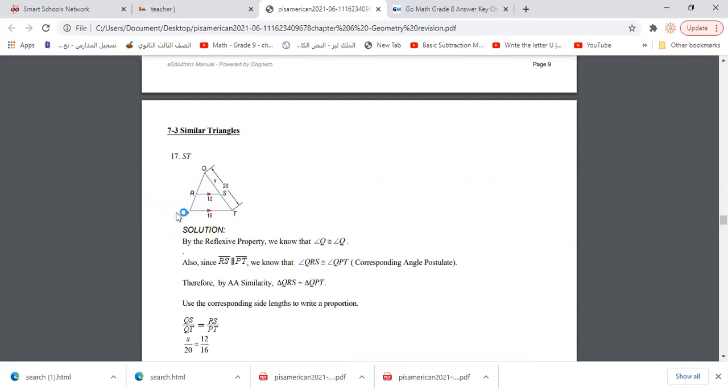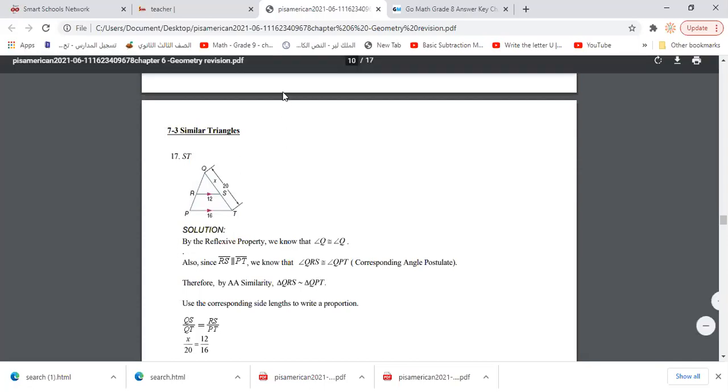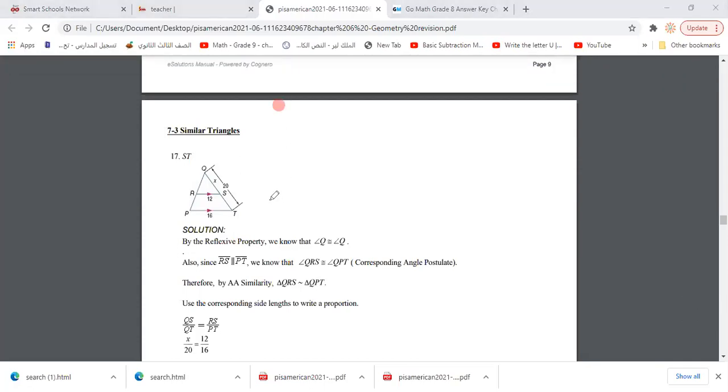What about this question which is in front of you, grade 9? How can we solve this question? What do you note? Parallel lines. So once we have parallel lines, we have similar triangles. By which case? Angle. Once you have two parallel lines, I have angle QRS with angle P corresponding, angle QSR with angle T corresponding, and Q is a reflexive angle.